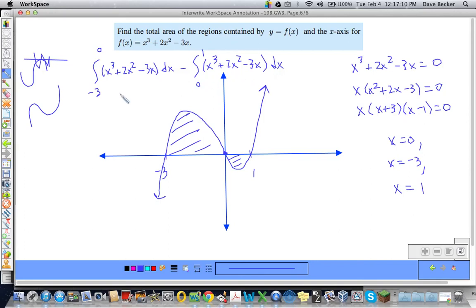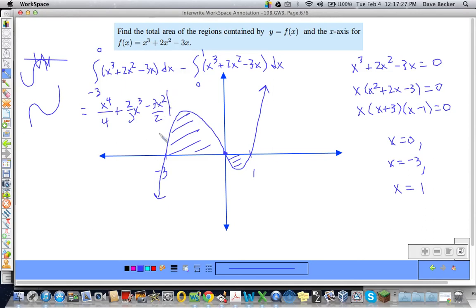Okay? And if we integrate that, what do we get? x to the 4th over 4 plus 2/3 x cubed minus 3x squared over 2.